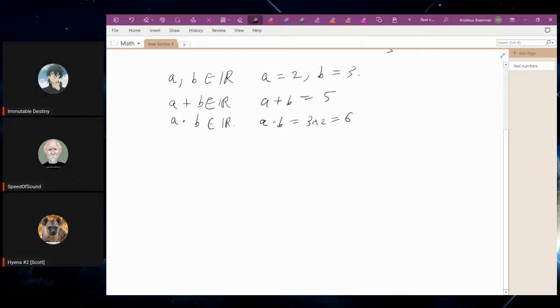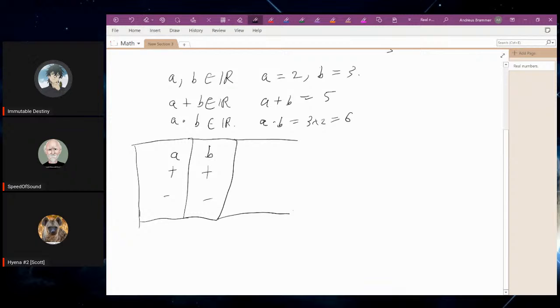multiplication can be more tricky. But so if I have A and B, and I consider positive values of A and negative values of A, positive values of B, negative values of B, and then I think about their product, A times B, so I'll write that as AB.